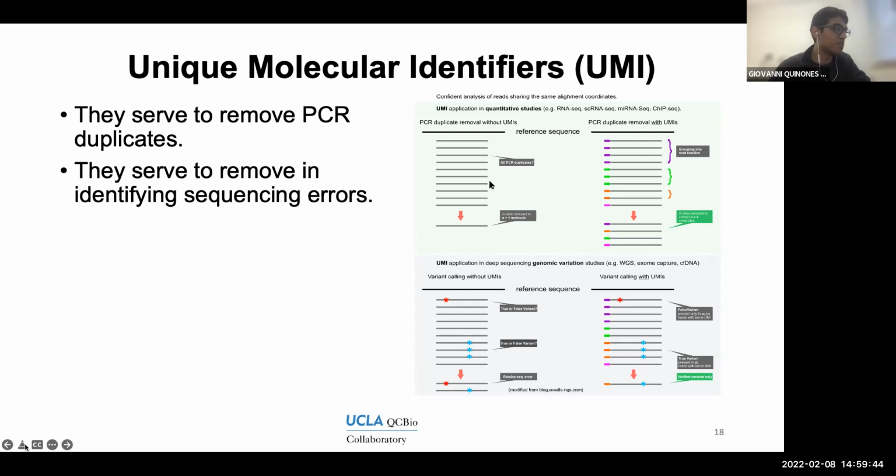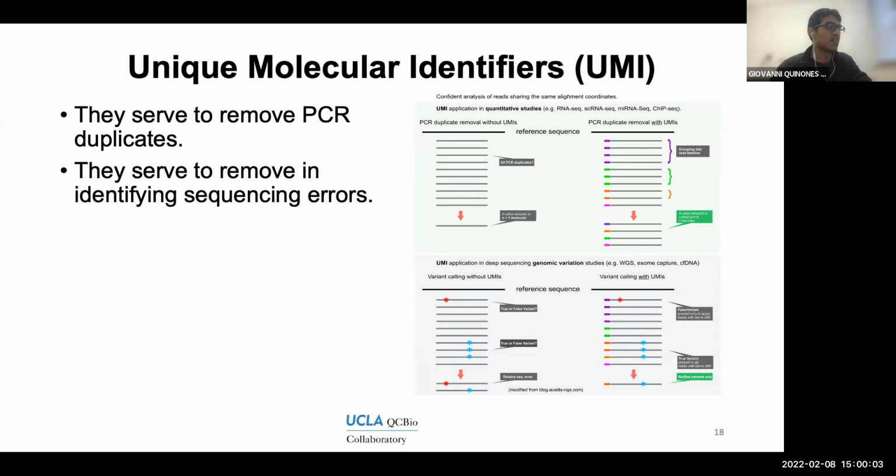A PCR duplicate is pretty much an artifact, an error that has occurred during the amplification step. What this error looks like is that individual molecules are overrepresented in your final library.